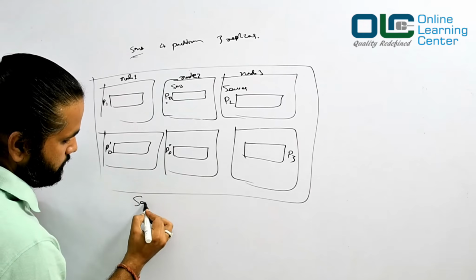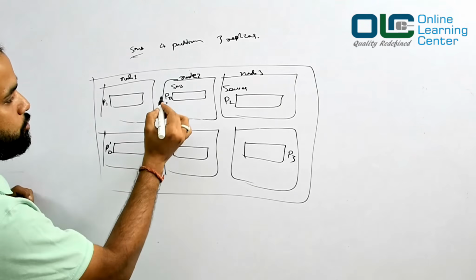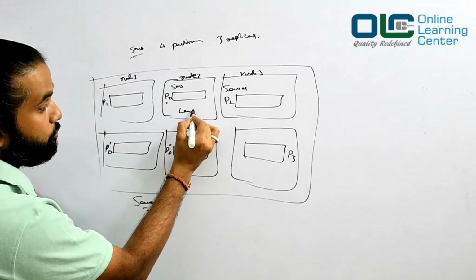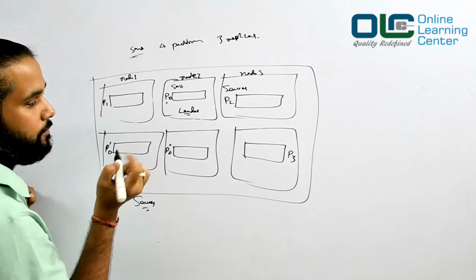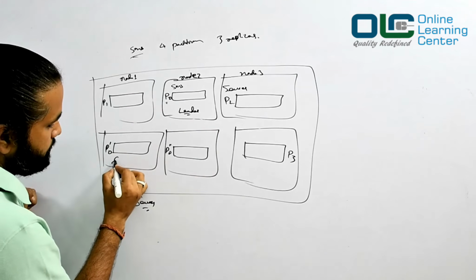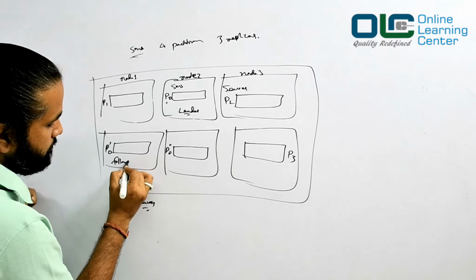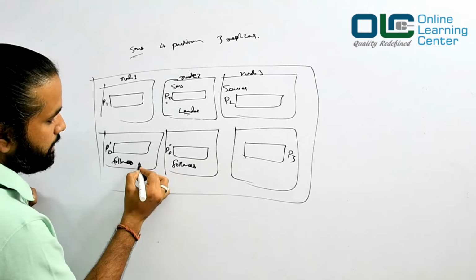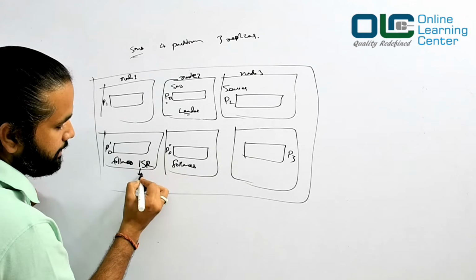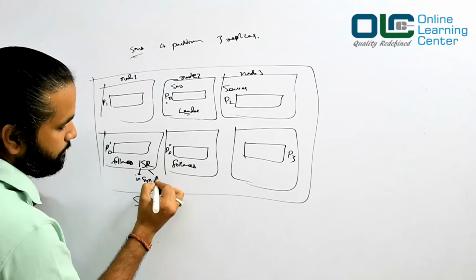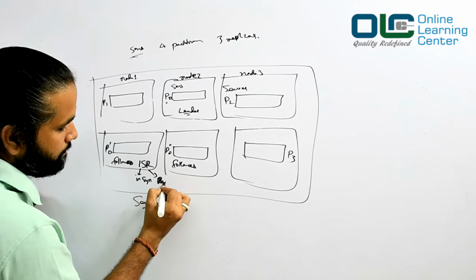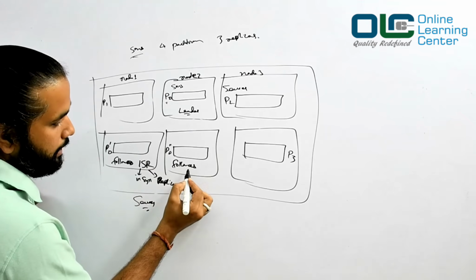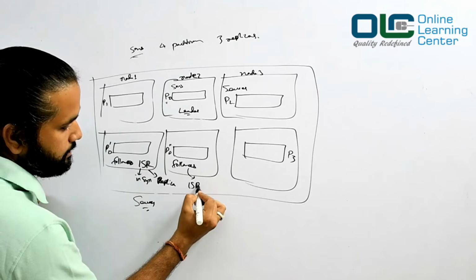This node would be the leader because it hosts the original copy. One of them would be the leader, the others are followers. They are also called ISR, in-sync replicas.